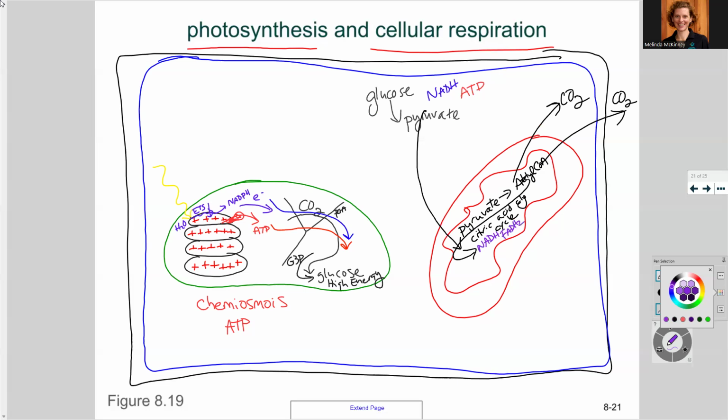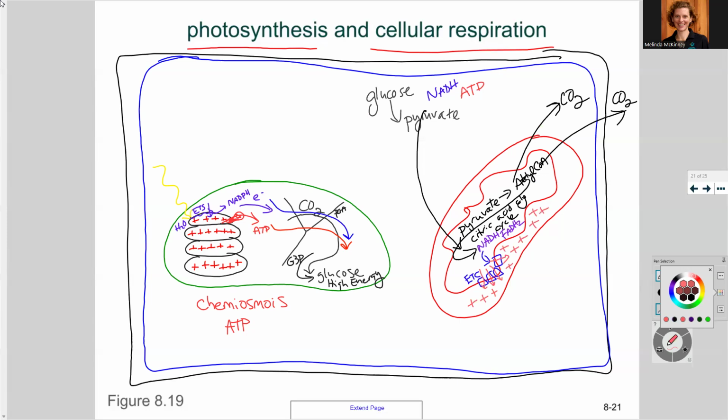Those molecules then take the electrons and they take them to the electron transport chain. So the electron transport chain is in the inner mitochondrial membrane. Those electrons use the energy to create a hydrogen ion gradient, which is the exact same thing that happened in the thylakoids in photosynthesis.